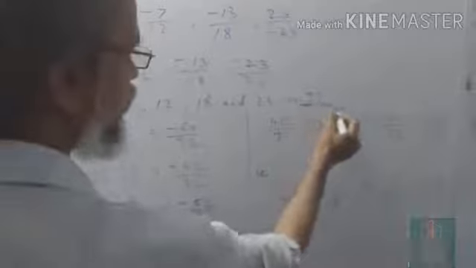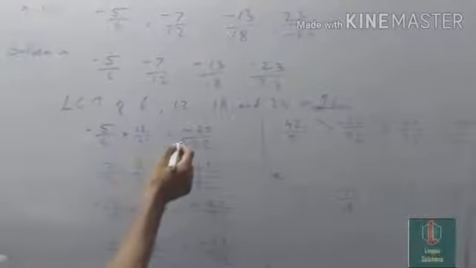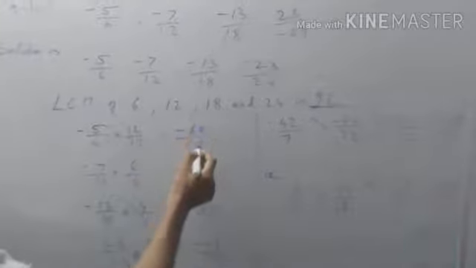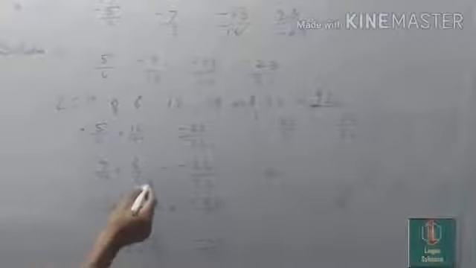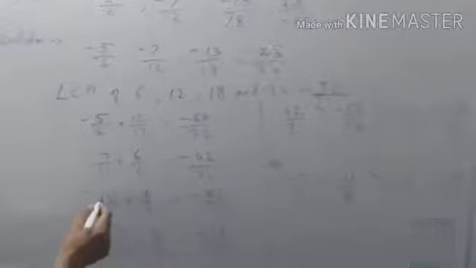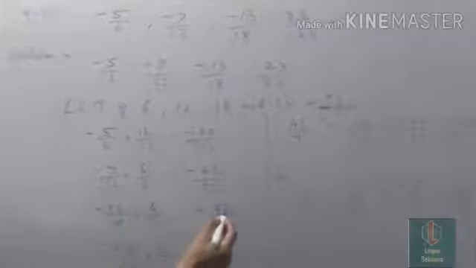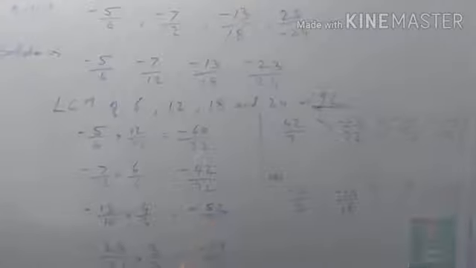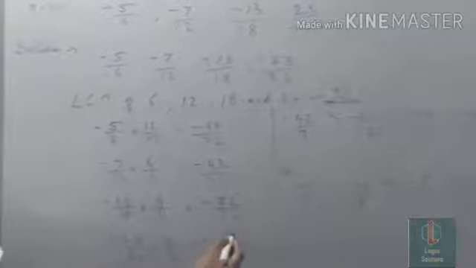We get 72. Now minus 5 by 6 into 12 by 12 gives minus 60 by 72. Minus 7 by 12 into 6 by 6 we get minus 42 by 72. Minus 13 by 18 into 4 by 4 we get minus 52 by 72. Minus 23 by 24 into 3 by 3 we get minus 69 by 72.